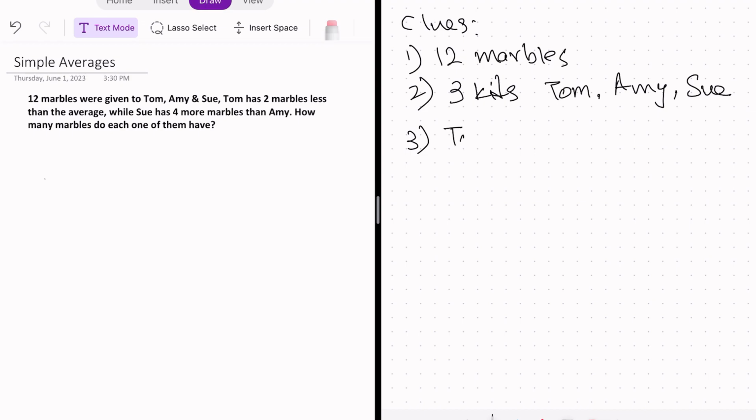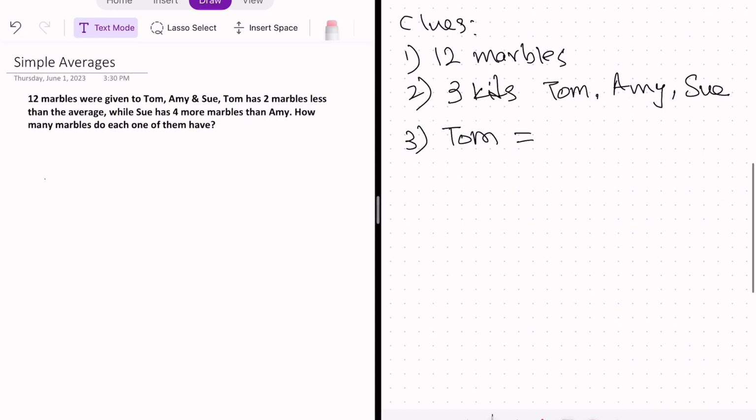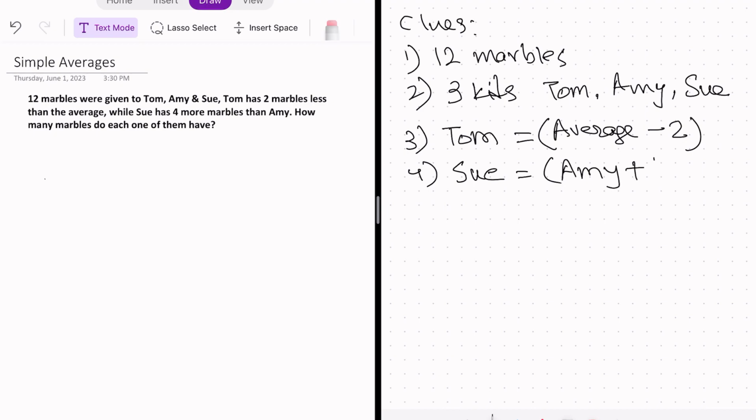So if I can write this as an equation, Tom has two less than average. And the last clue is Sue has 4 more marbles than Amy. So Sue has whatever number of marbles Amy has plus 4.